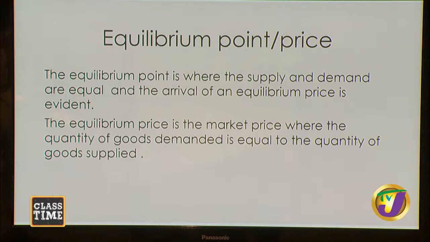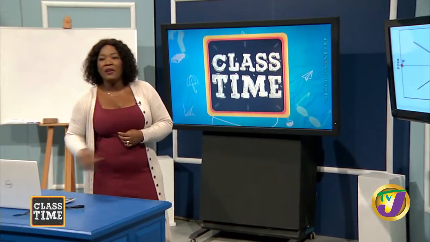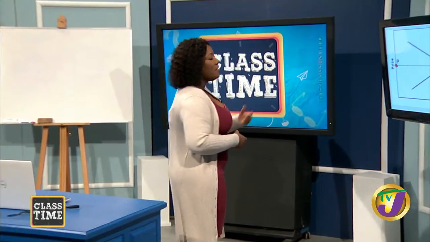You'll have both supply and demand curves plotted together, and where both curves meet, we would have what we call an equilibrium. The equilibrium price is the market price where the quantity of goods demanded is equal to the quantity of goods that is supplied.